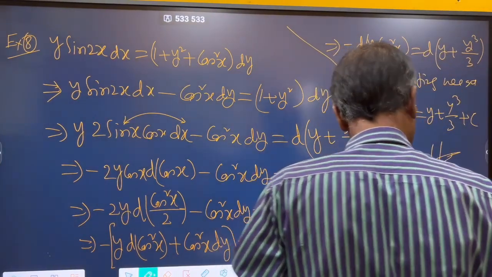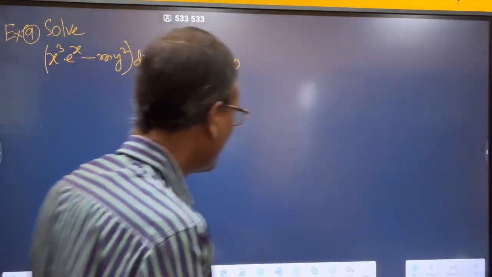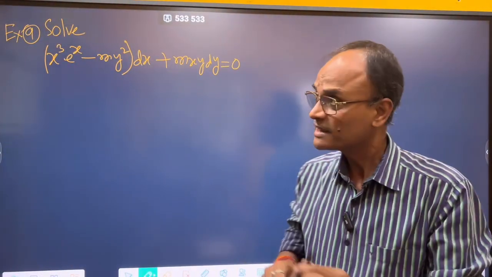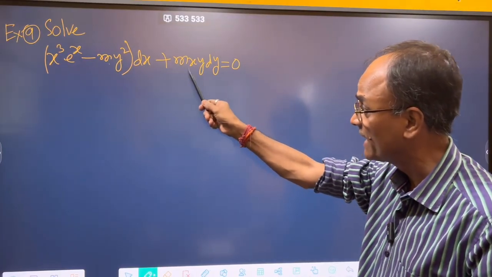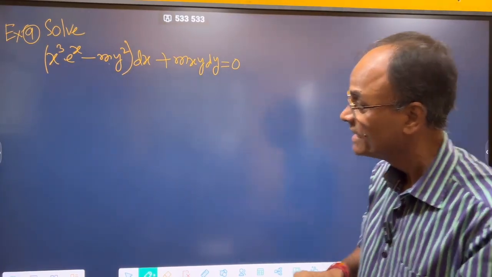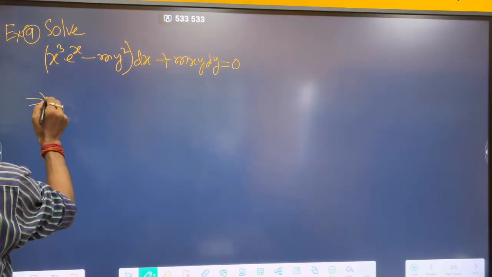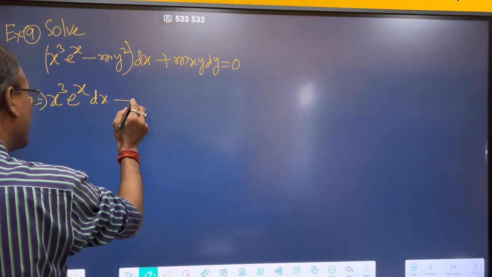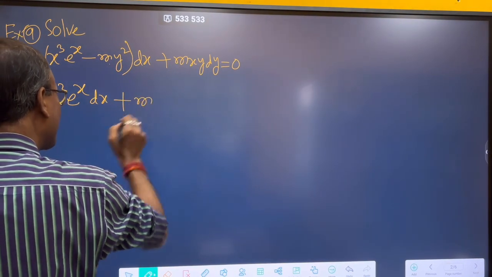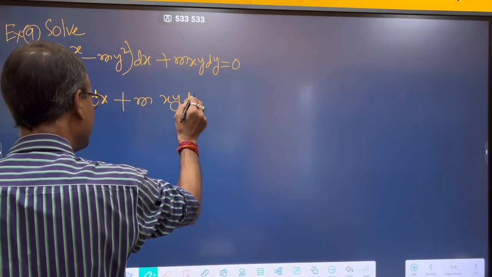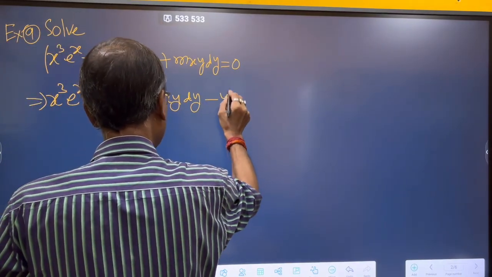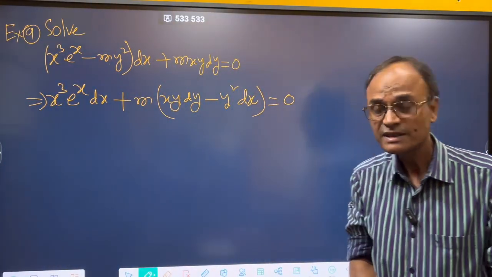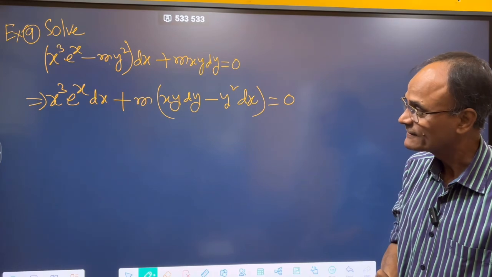Let us try to solve the next. See, the differential equation is this. Just observe that y square dx, x is common from here. You may rewrite the differential equation as x cube e to the power x dx plus x y dy minus y square dx equal to 0.